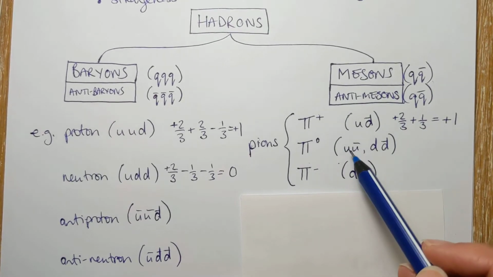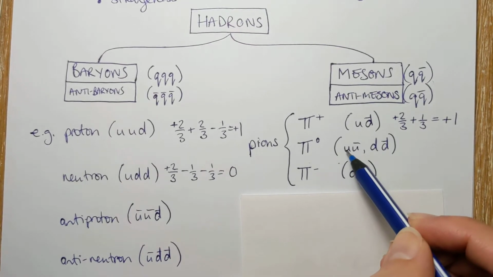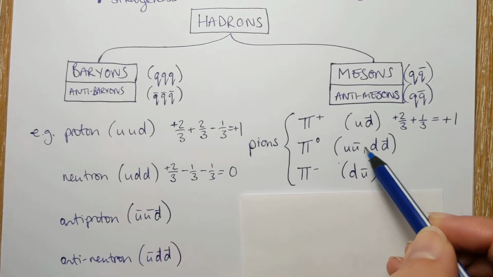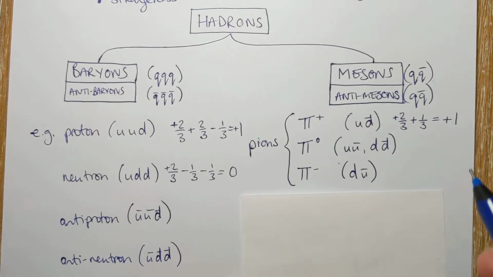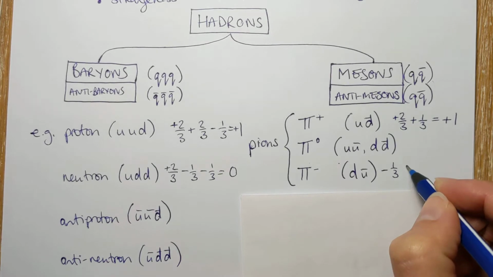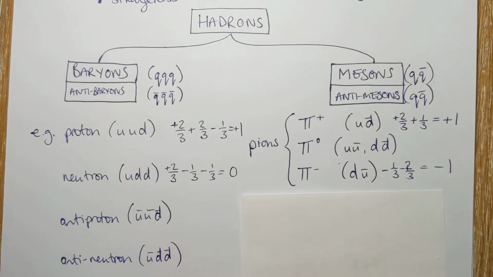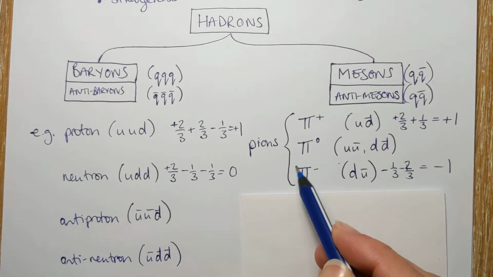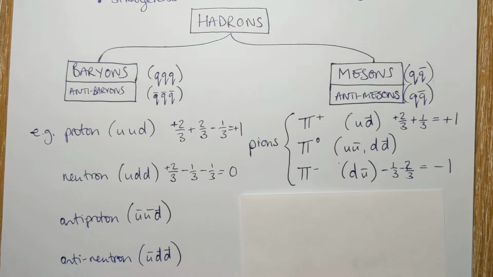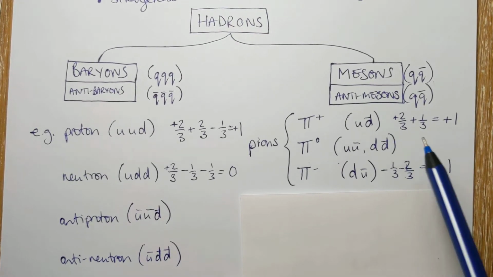The pi zero, there are 2 different pi zeros, and in each case you can see it's going to be 0 charge overall, and then the pi minus, we've got a down, and then an anti-up, so that's minus 1/3 and minus 2/3, so -1 overall, and so that accounts for the charge of the minus pion. Okay, so these, the pions, all ups and downs.